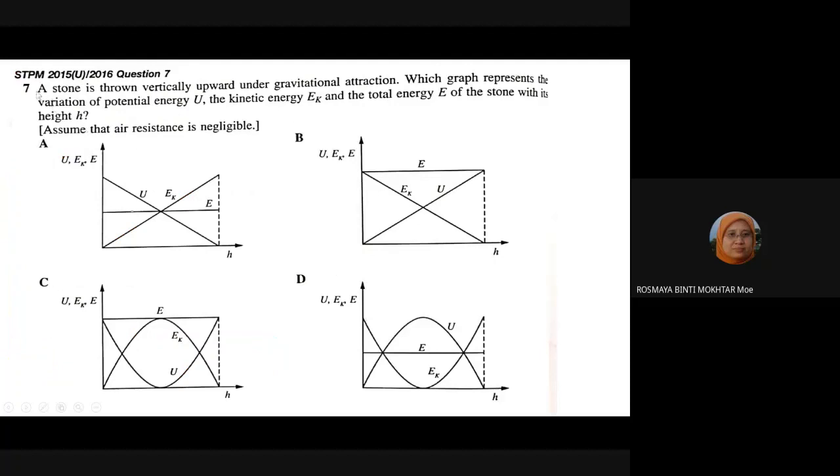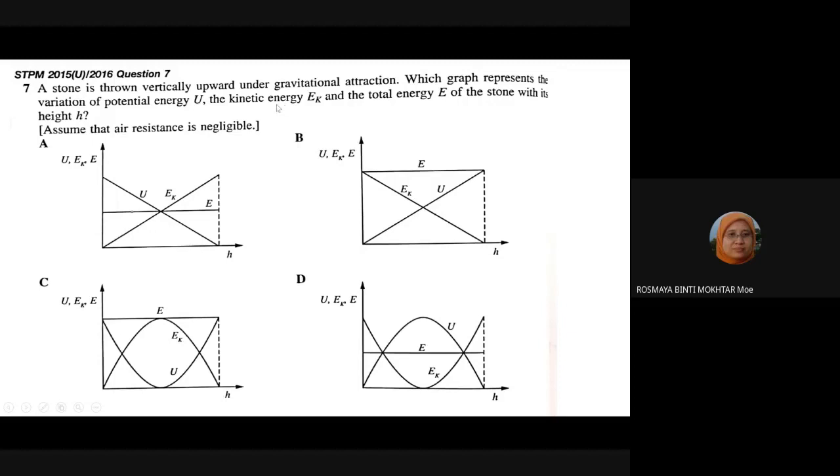Question 7. A stone is thrown vertically upward under gravitational attraction. Which graph represents the variation of potential energy U, kinetic energy, and total energy of the stone with its height h? Assume that air resistance is negligible.